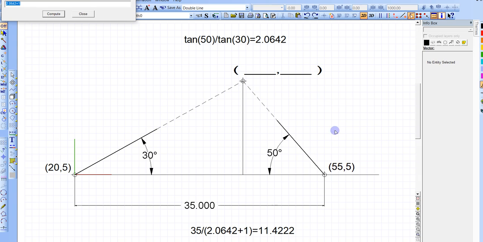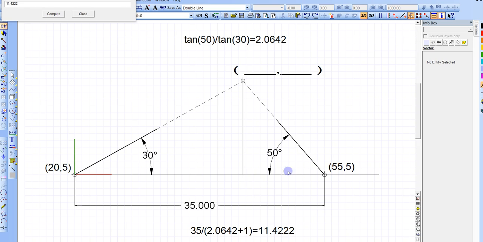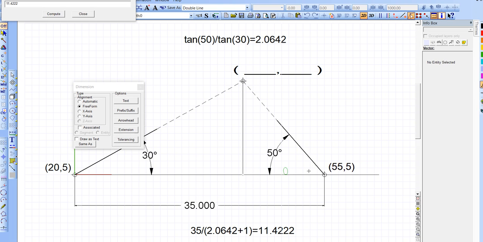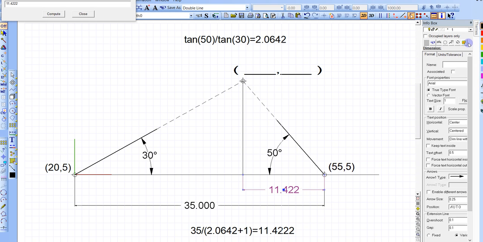And then let's take 35 divided by that, in parentheses. Compute 11.422, right? And that's what we wanted. We want the ratio of whichever leg was 1, right? That's it, 11.422. And that's how you do that.